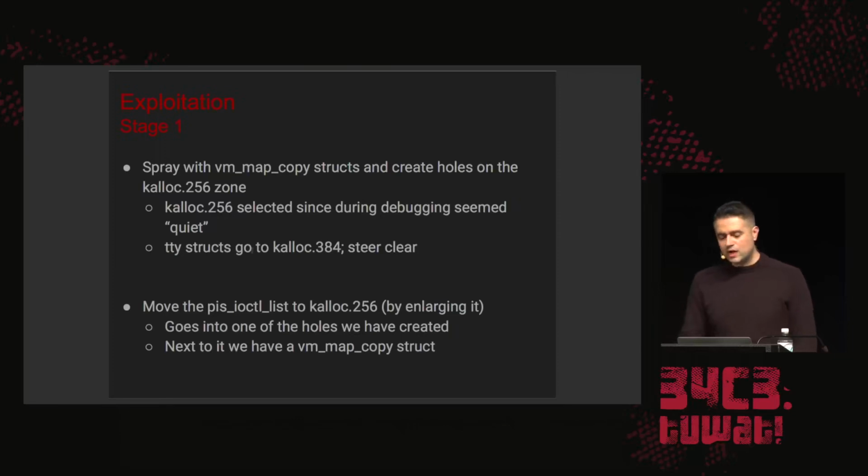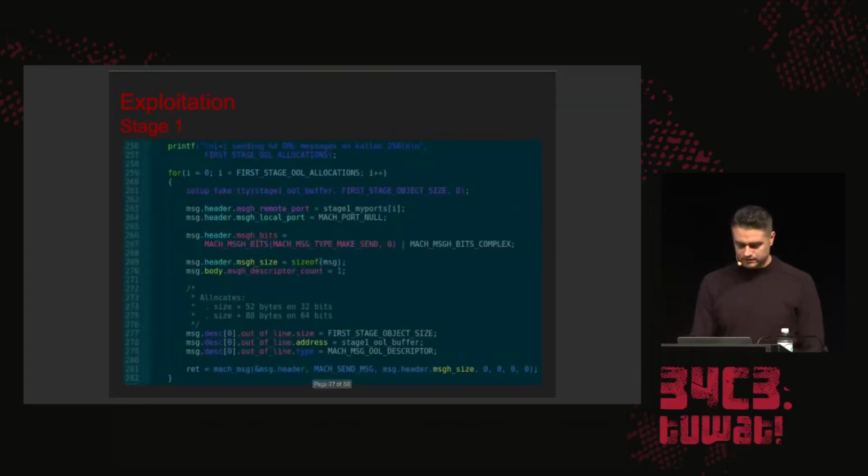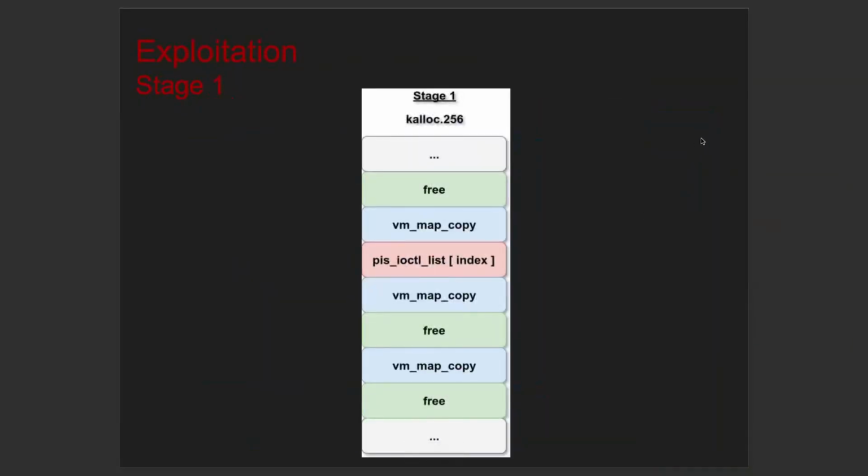I avoided, of course, calloc 384 because the TTY structs were going there, and that would really mess up my heap arrangements. Okay, so what I wanted to do was this. Initially, you spray the heap with VMAP copy structs, and you control both their size and their contents.